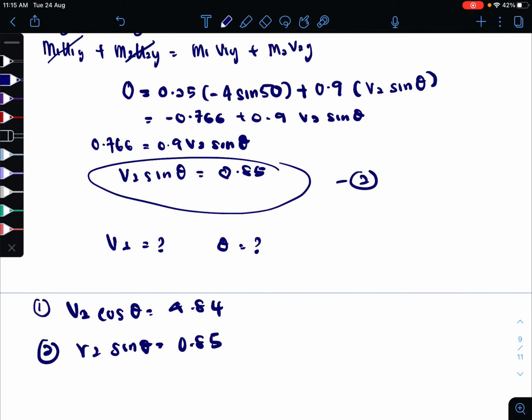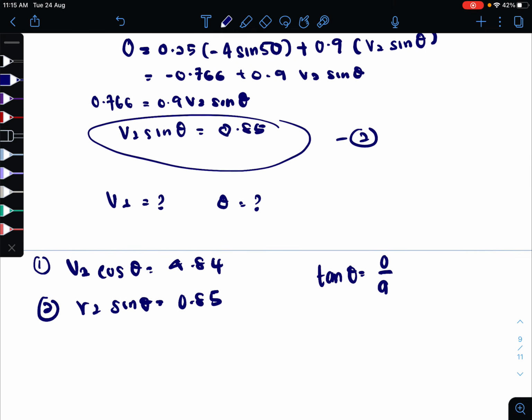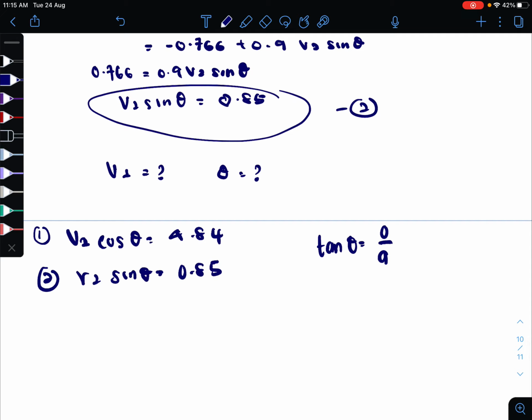Alright, so you can see kita ada cos dengan sin dekat sini. So cara senang adalah sebab dia adalah dua trigo yang berlainan, we are going to change them into a common trigo iaitu tangent theta. Tangent theta adalah opposite over adjacent here. Alright, opposite over adjacent. Okay, so cos theta is adjacent over hypotenuse. Sin theta pula adalah opposite over hypotenuse.